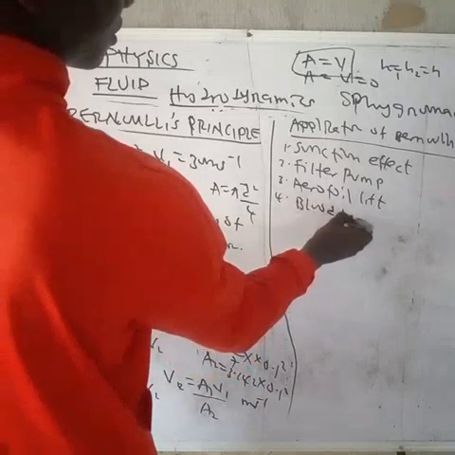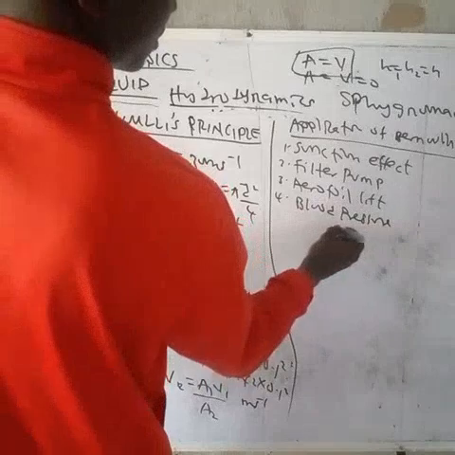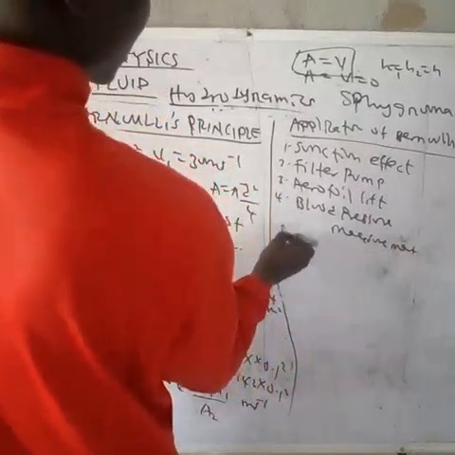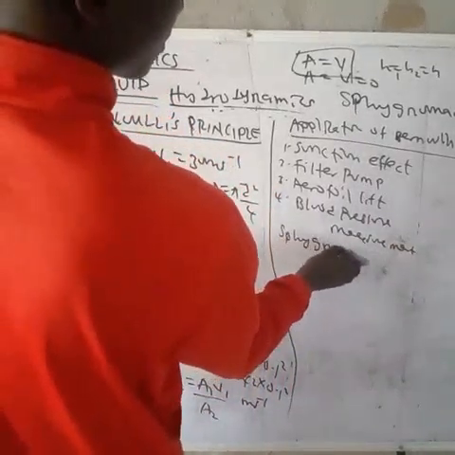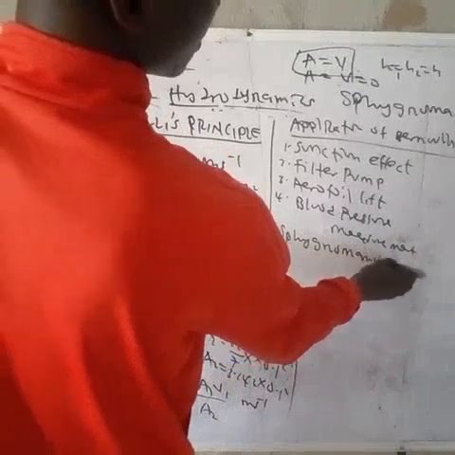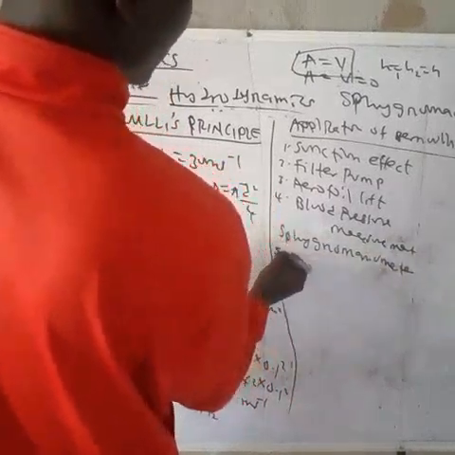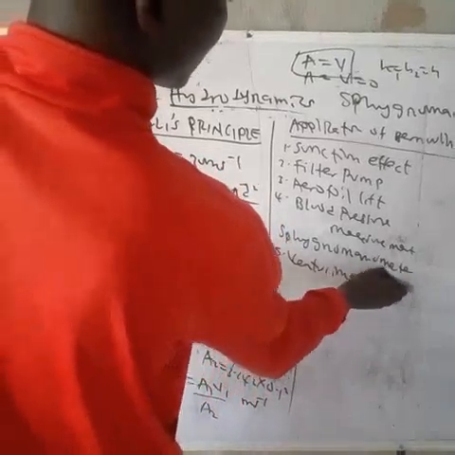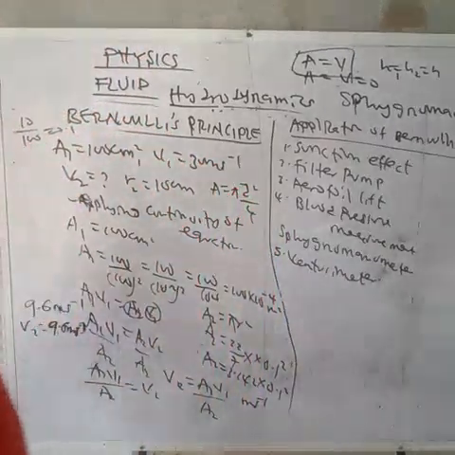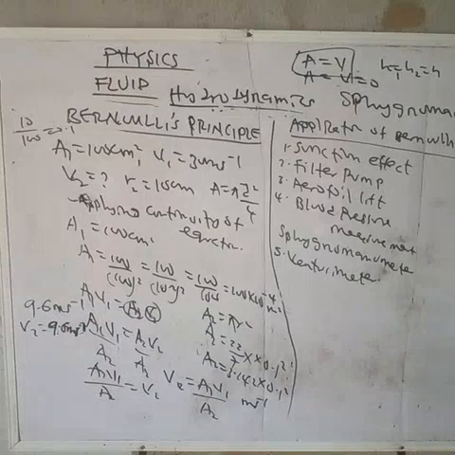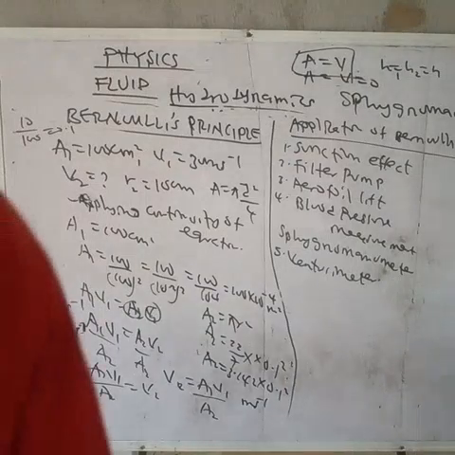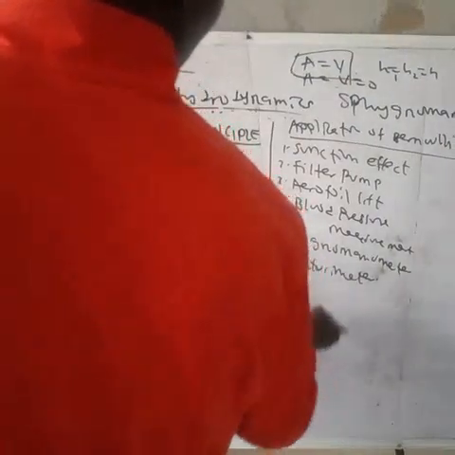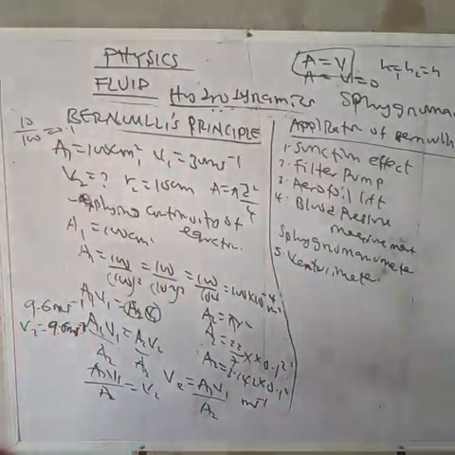The instrument we use in measuring blood pressure is what we call the sphygmomanometer. The number 5 application is the venturimeter. A venturimeter is a device used to measure the flow rate of a fluid.